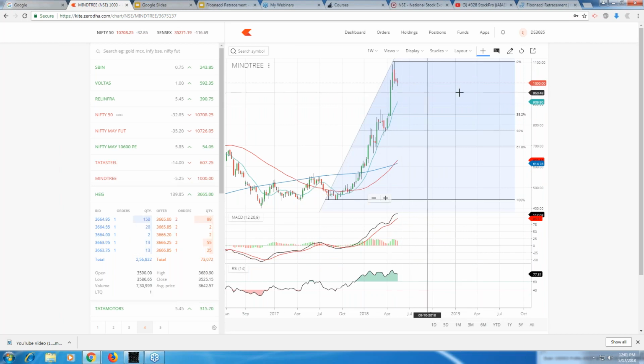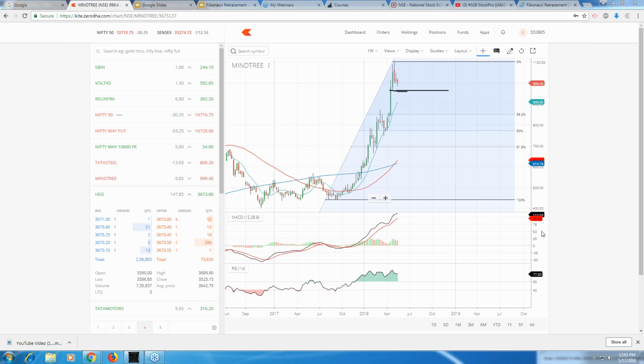Right now it's very, very close to it, but it has not actually fallen below. If it crosses that, then the next destination will be 38.2%, and if it goes below that, then it'll be 50%. This is how the levels will be defined by Fibonacci.